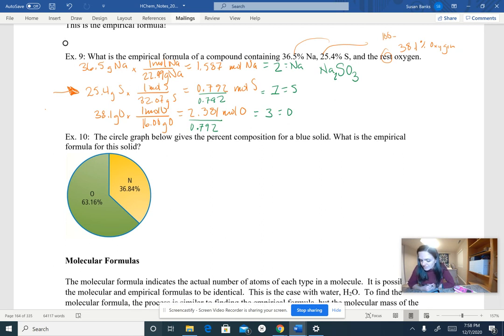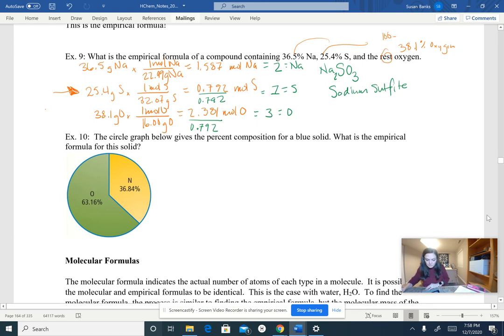Did you guys catch that? I didn't put my subscript of 2 with my sodium. So how would we name this? SO3 is a polyatomic. Do you remember what its name was? Sulfite. So this is sodium sulfite. So we just figured out the formula of sodium sulfite just based on mass percent.